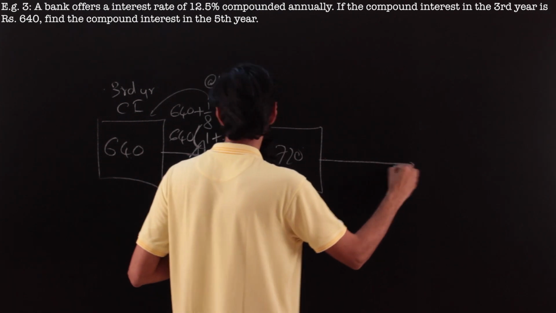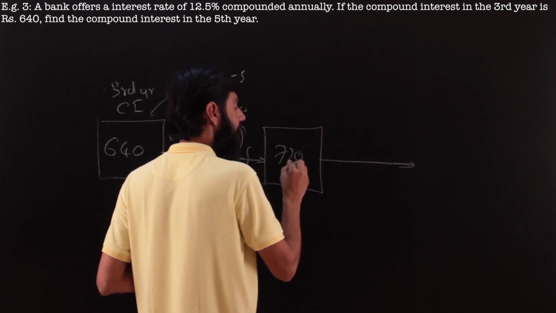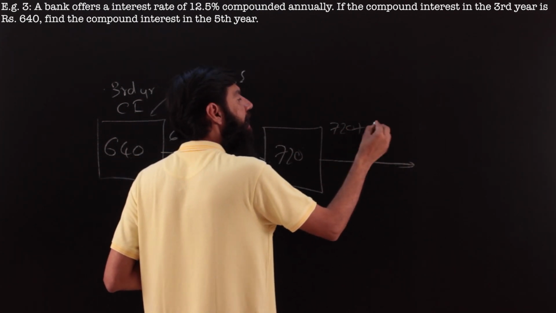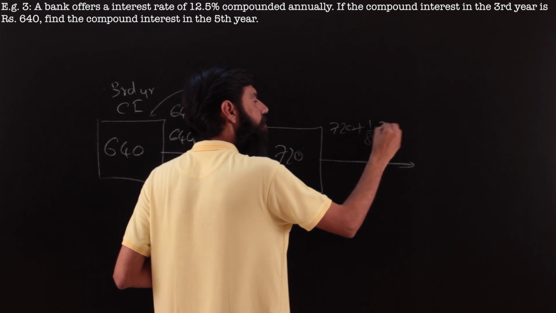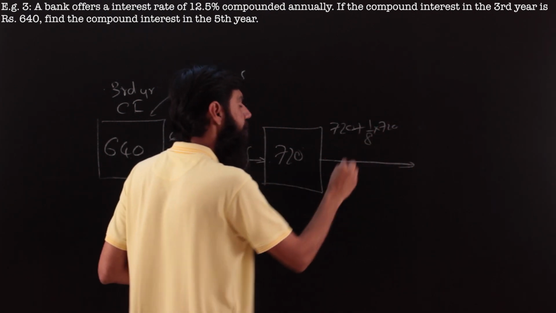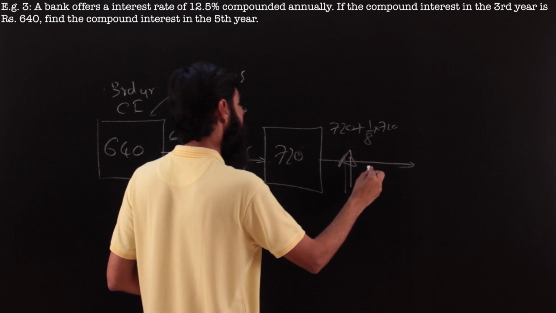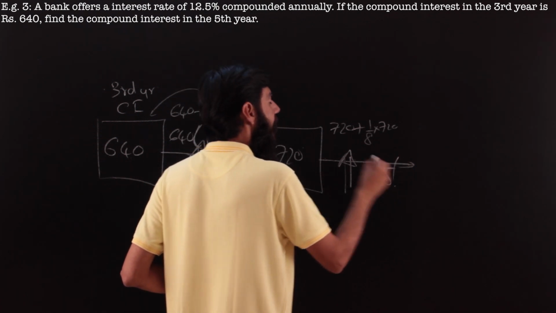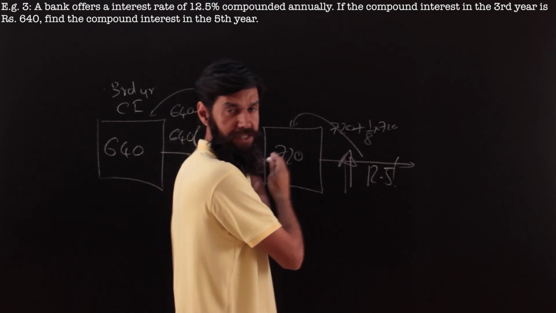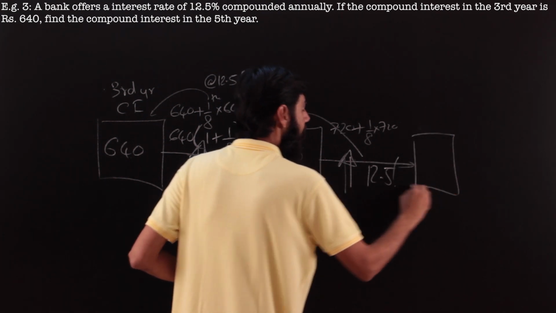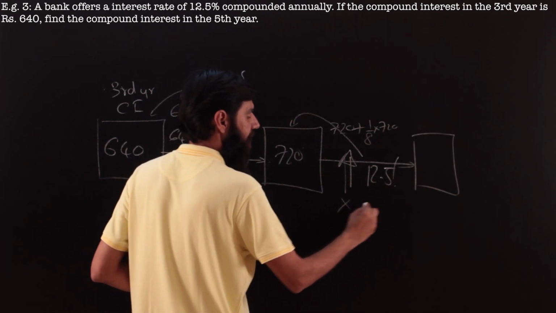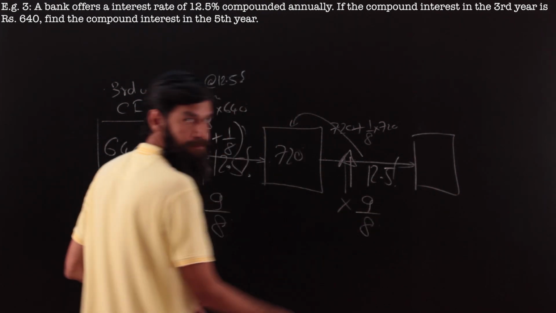And in the next year, what are we doing? Are we again doing that same, the base value 720 plus 1/8 of 720, which is equivalent to saying there's an increase of 12.5%, and this is of the new value. So this is again a successive increase, right? An increase of 12.5% is nothing but multiplying by 9 by 8.